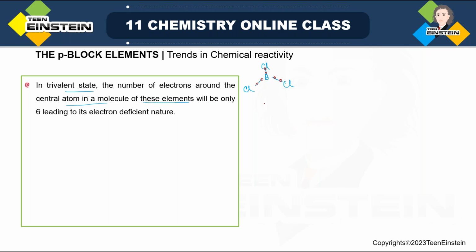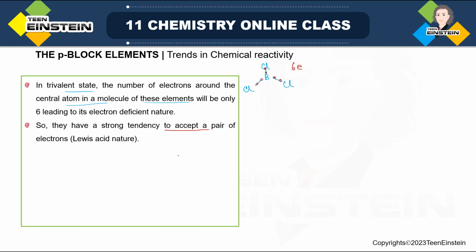But surrounding boron, if you count how many electrons are there, it is only 6 electrons. Now 6 electrons means the octet is not complete. So there is some electron deficient nature which will be generated. So they will have a strong tendency to accept a pair of electrons so that they can fulfill their octet. And this is the reason for their Lewis acidic character.